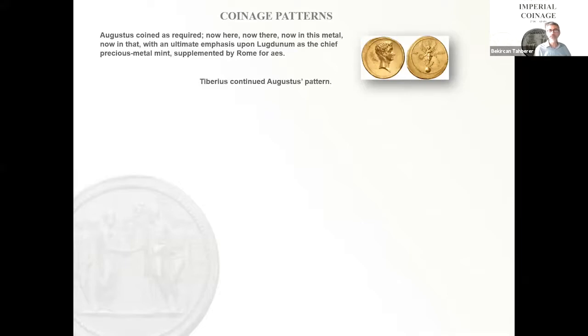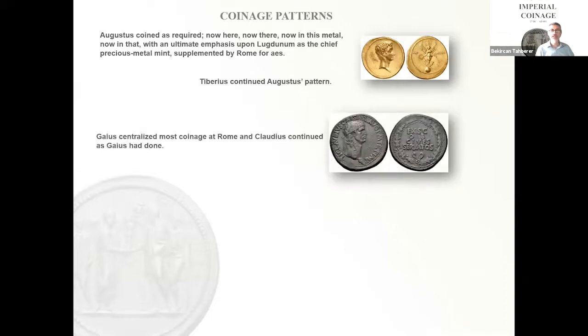And Tiberius was a smart guy. I don't want to call him complacent, but you can call him complacent. He didn't want to do anything other than follow the pattern that Augustus drew in almost everything, except for a few things. So he simply continued Augustus's pattern.